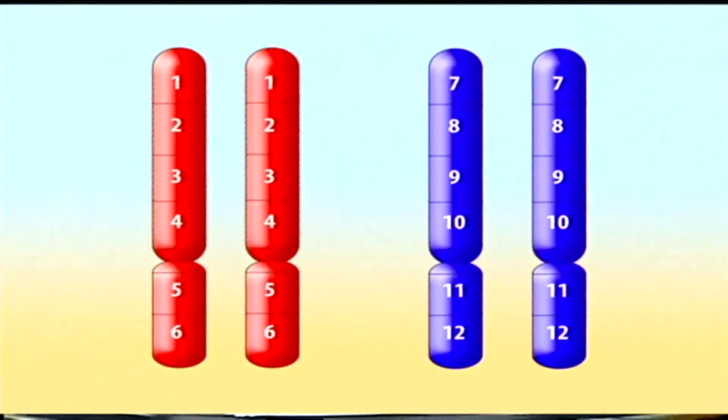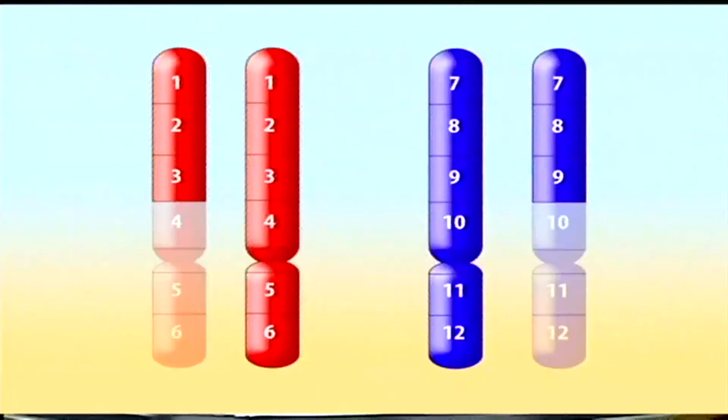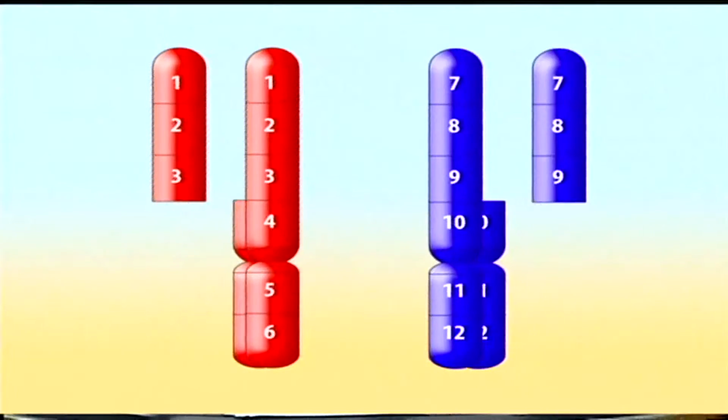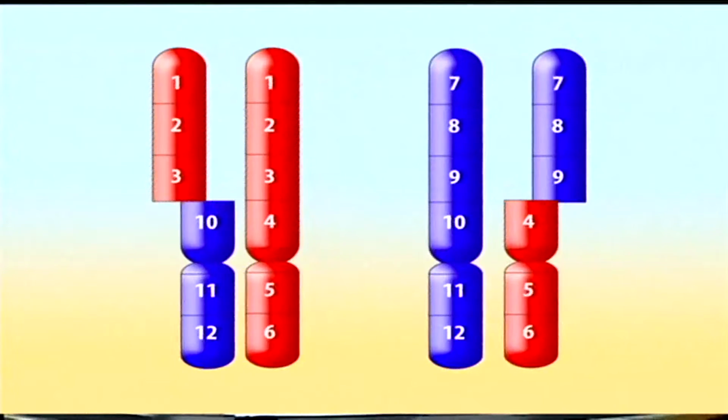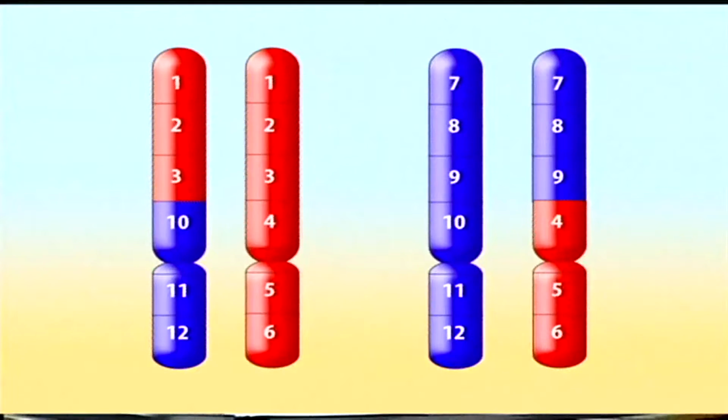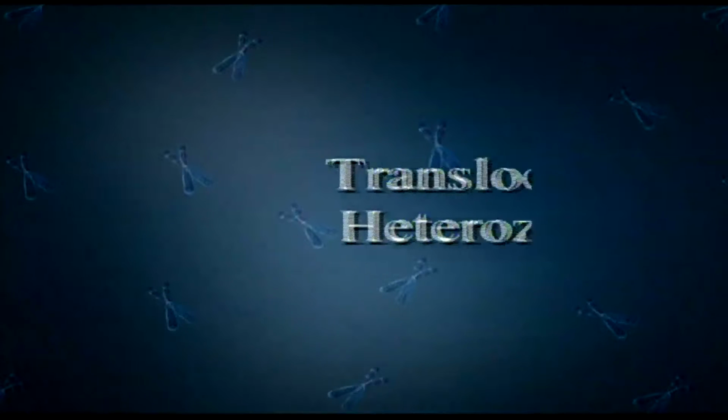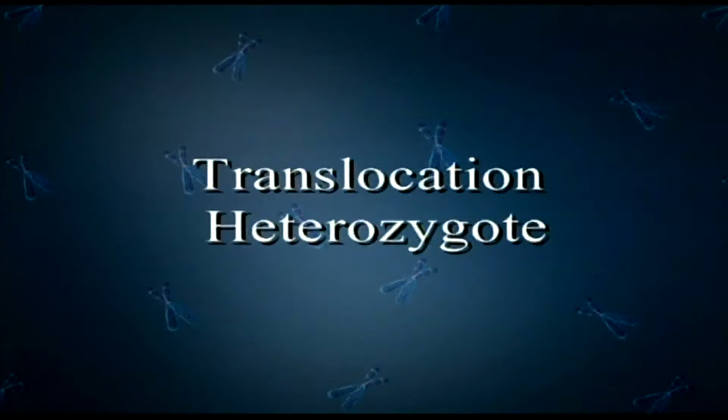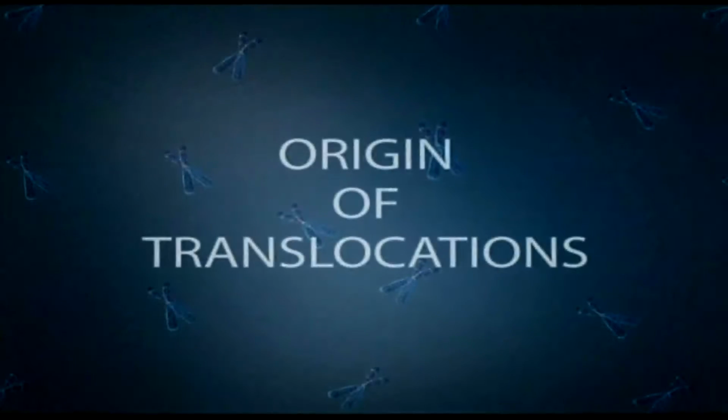Whereas if only one partner of each homologous pair is involved in mutual exchange of chromosomal segments, so that in each pair one chromosome remains normal and one chromosome carries the translocation, such an individual is called a translocation heterozygote. Translocation heterozygotes have tremendous significance because of their irregular meiotic behavior as well as gamete formation.